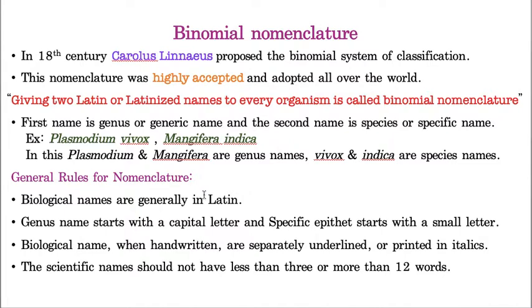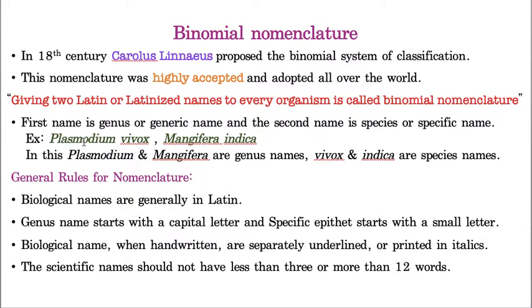The next rule is, when you are writing binomial nomenclature by hand, that means handwritten, the names must be underlined separately. For example, here I typed it, so I did not underline it.